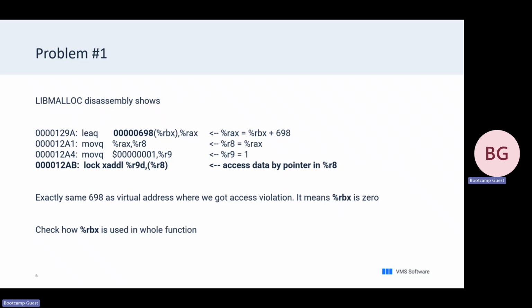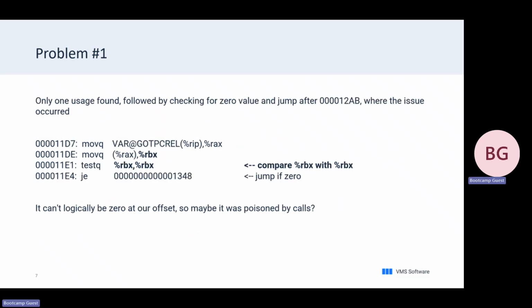Some things, of course, will stay in memory because there is not so much room in registers. I checked, and I found only one usage, where the address of a variable was stored in RBX. And right after that, it was checked that it's not 0.